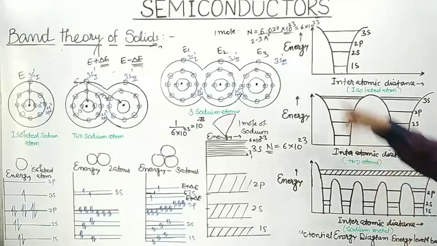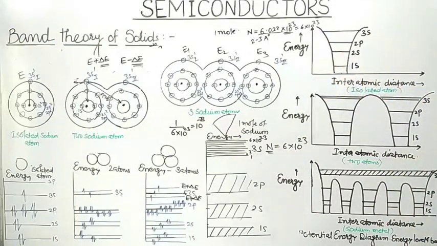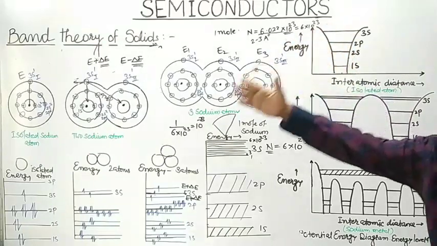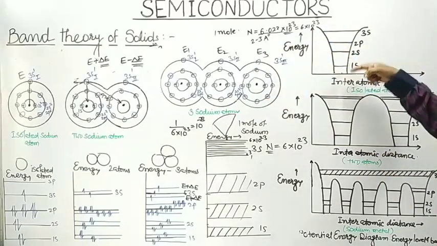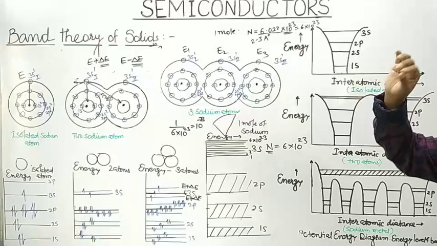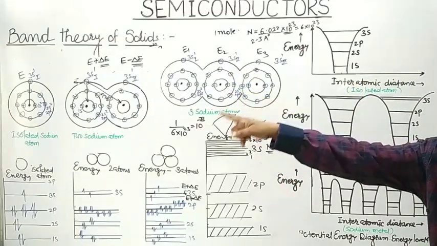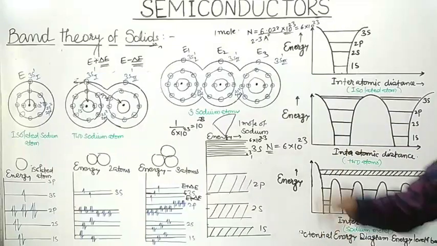So, in short, remember regarding this diagram, which is a plot of energy versus interatomic distance: horizontal lines represent the energy levels of an isolated sodium atom, while the curved lines represent the potential energy of the electron near the nucleus due to Coulombic interaction.